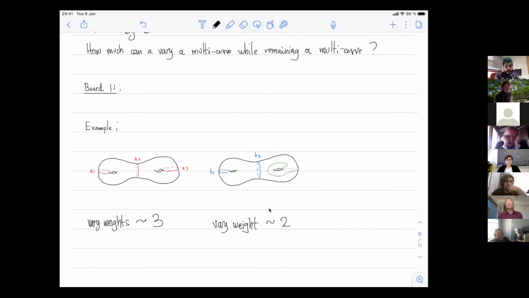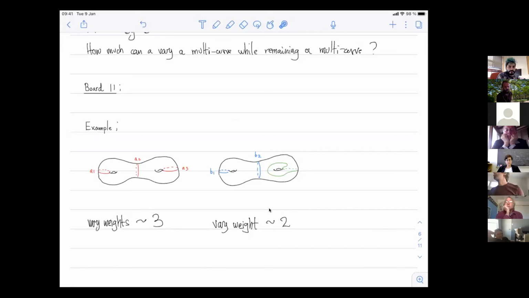But you can do an extra thing to this multicurve and still remain a multicurve. That extra thing is that you can add a new curve to this multicurve. Any curve that lives in the tori that I shaded, you can add it to this multicurve of 2 components with a very small weight.